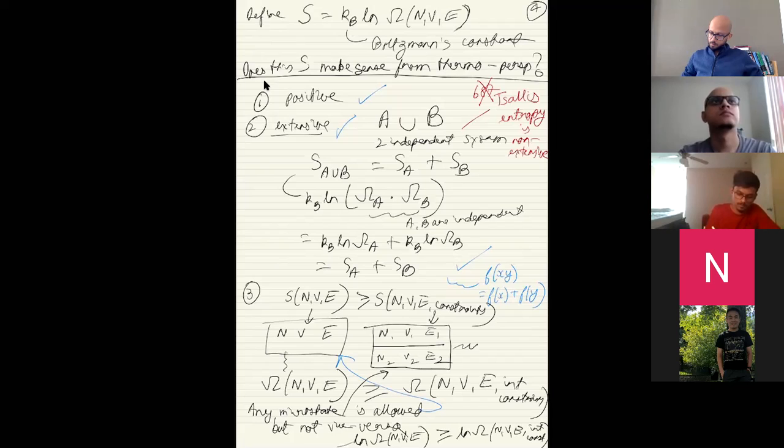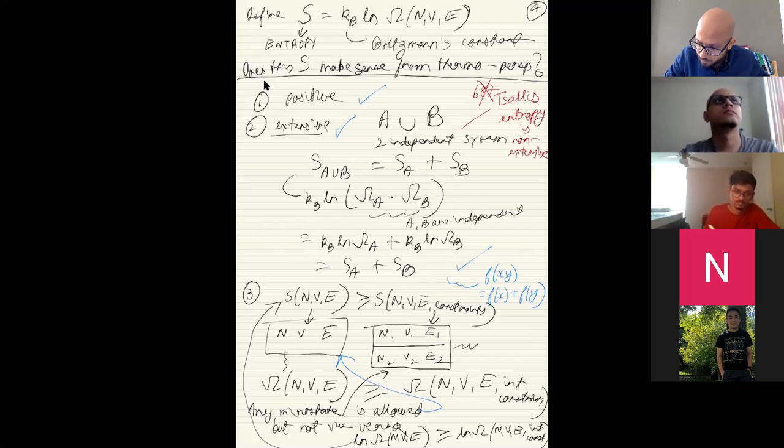And from this, our property S(NVE) more than or equal to S(NVE) with internal constraints follows. So it follows all the properties that we expect the thermodynamic entropy to have. And hence, it makes sense to call this S our entropy.